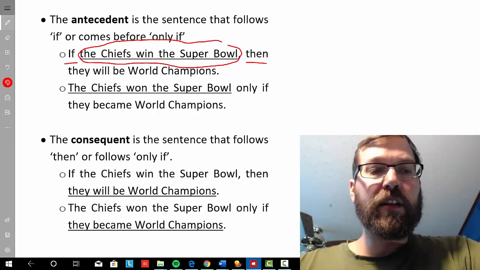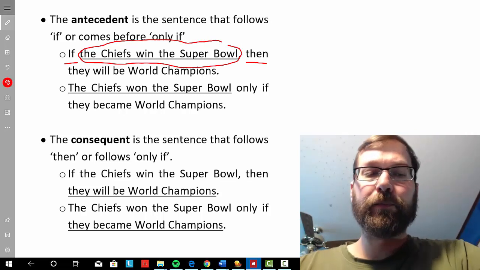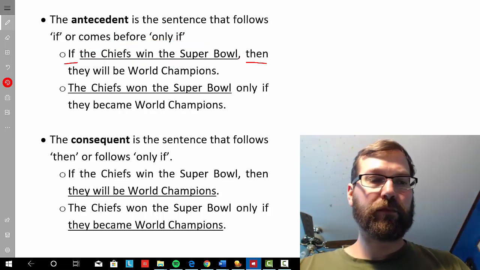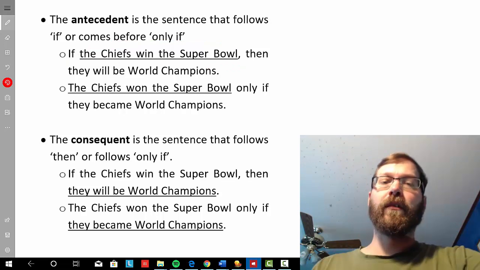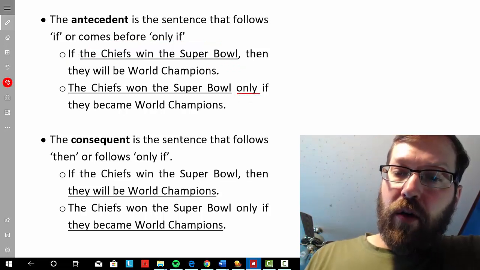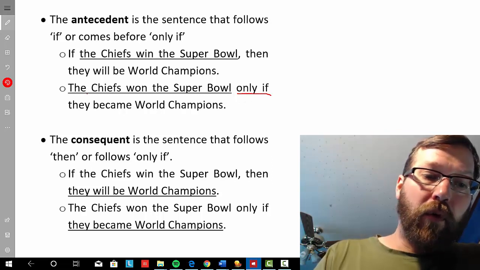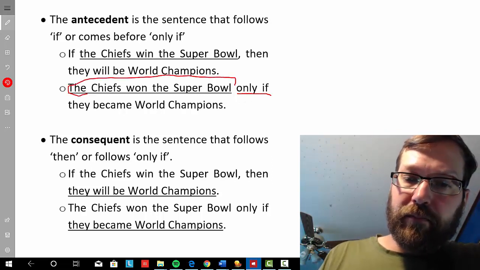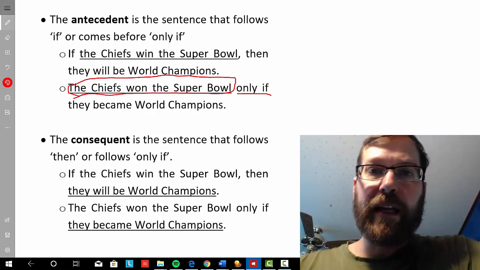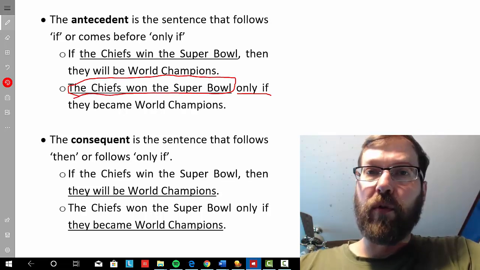So in this case, it would be the Chiefs win the Super Bowl. If we're dealing with the only if locution, it is the statement that comes before the only if. Again, that's going to be the Chiefs won the Super Bowl.